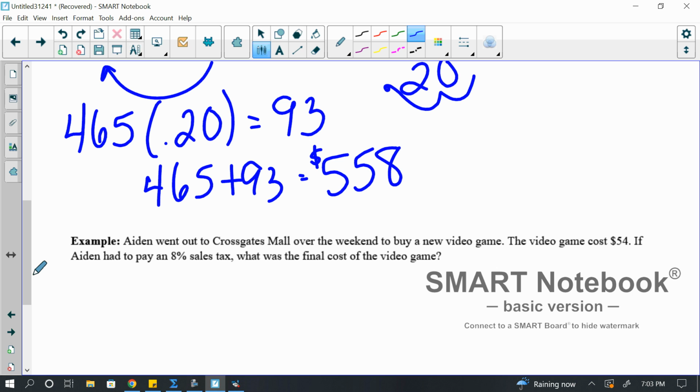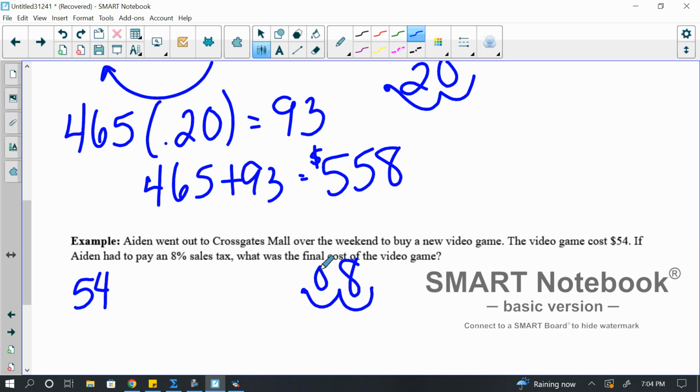And last one, Aiden went to Crossgates Mall over the weekend to buy a new video game. The cost of the game was $54. Aiden had to pay an 8% sales tax. What was the final cost of the video game? So we're going to take 8% and change it into a decimal. So you move it over twice. Fill in the gap with a 0.